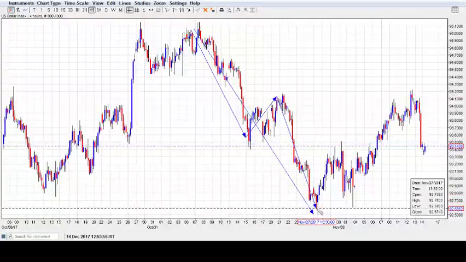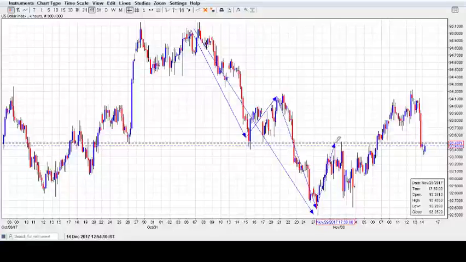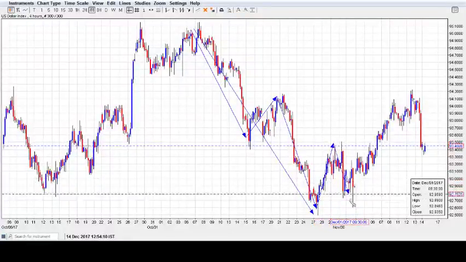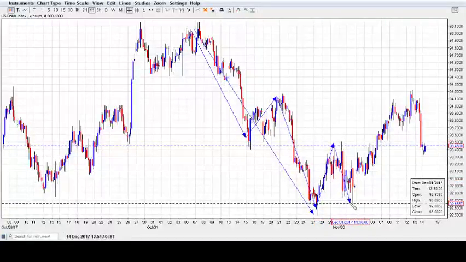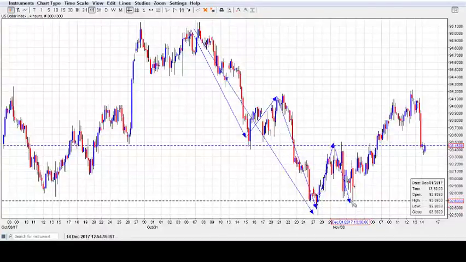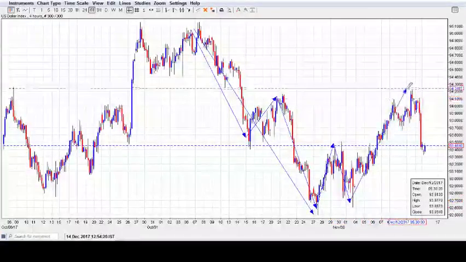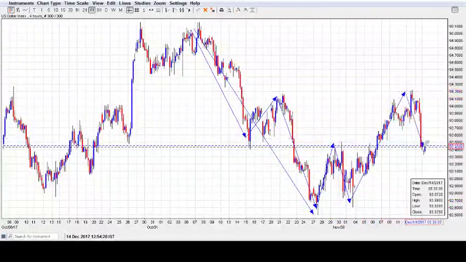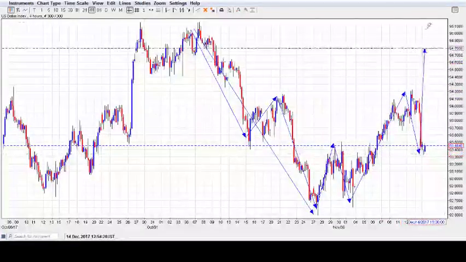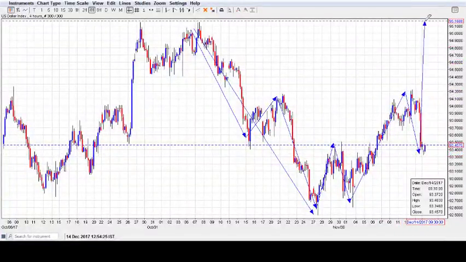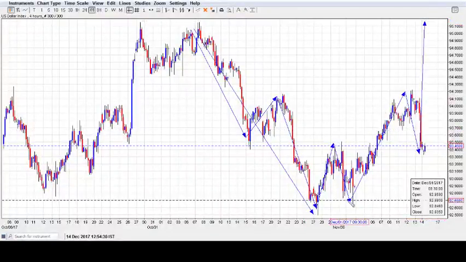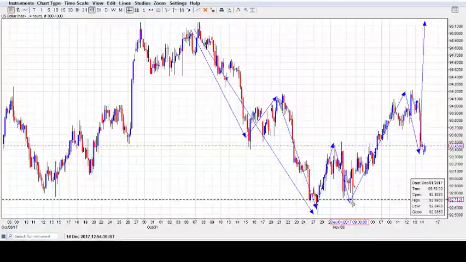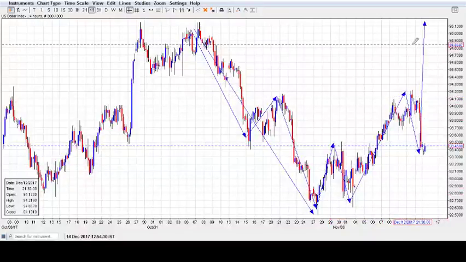What should be expected from here now is a 5 waves impulsive rally. Out of that, we've got wave 1, wave 2, potential wave 1 of 3, wave 2 of 3, and wave 3 of 3 should be on its way any moment now. Remember, it is wave 3 of 3.